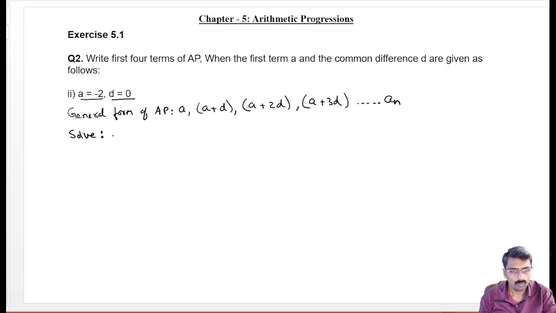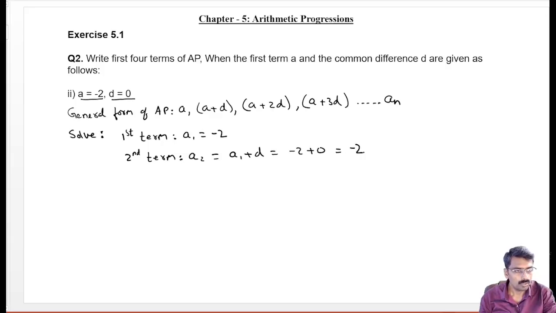So we will solve this. First term, a1 is equals to -2, which is given. Second term, a2 will be given by a1 plus d, that is equals to -2 plus 0, that is equals to -2.